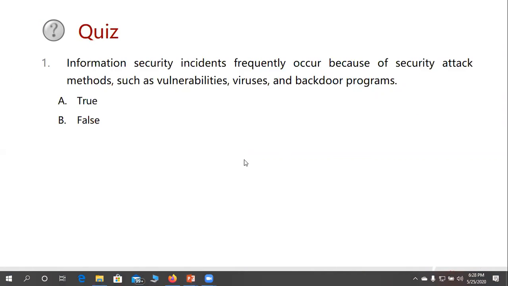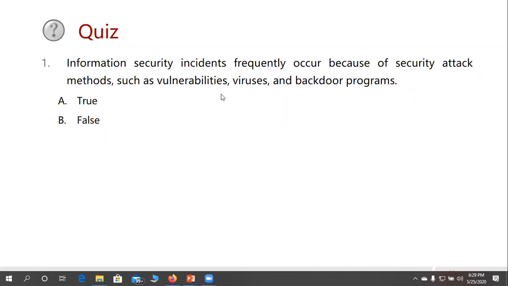All right, so you have to take your time, you read the question and understand. Information security incidents frequently occur because of security attack methods, such as vulnerability, viruses, and backdoor programs. True.